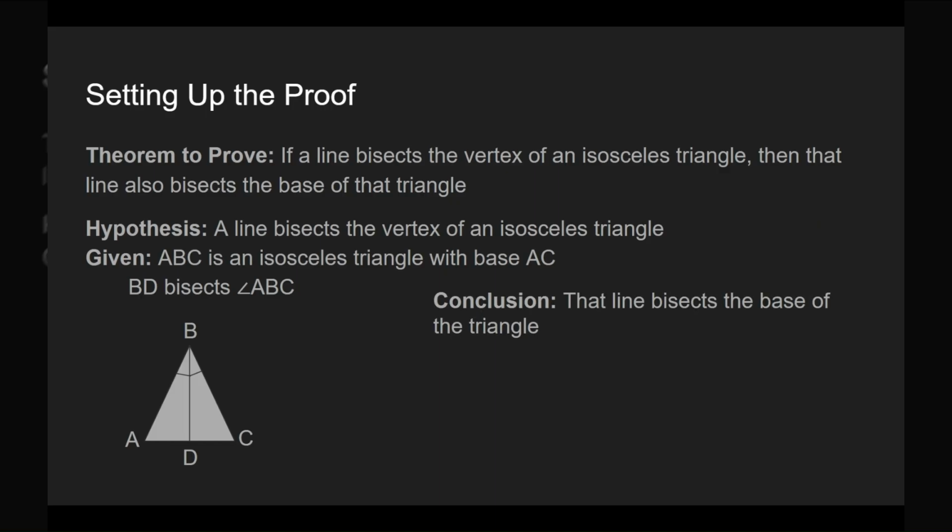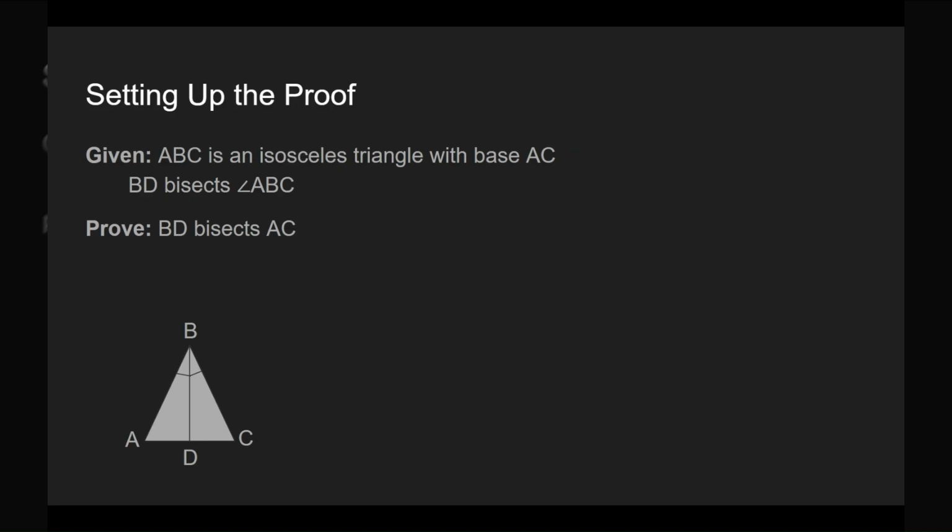A conclusion in this theorem is that the line bisects the base of the triangle. That means that we want to prove that BD bisects AC. So again, our given information is that ABC is an isosceles triangle with base AC, and BD bisects the vertex angle ABC. Our goal is to prove that BD bisects AC.